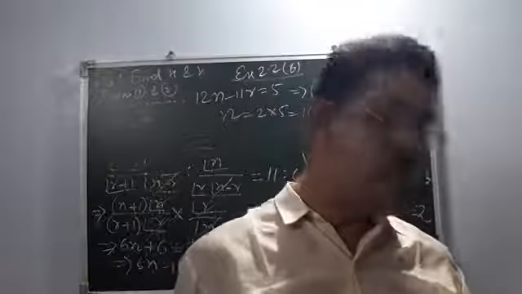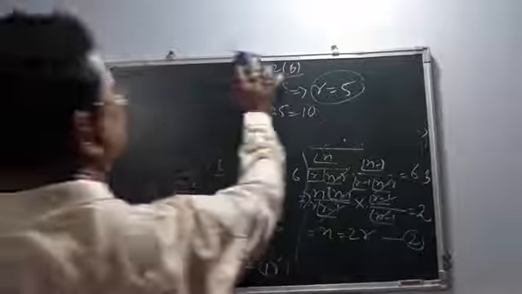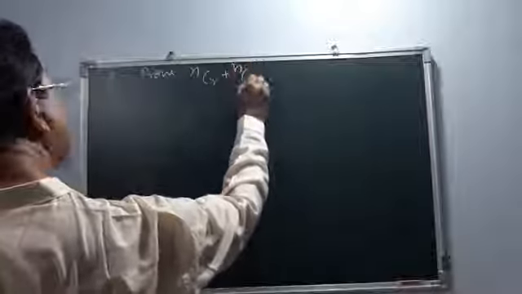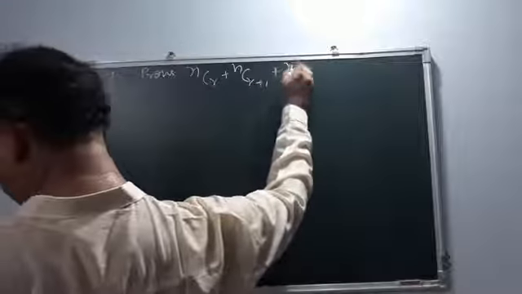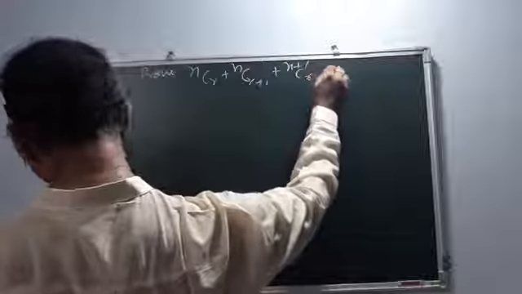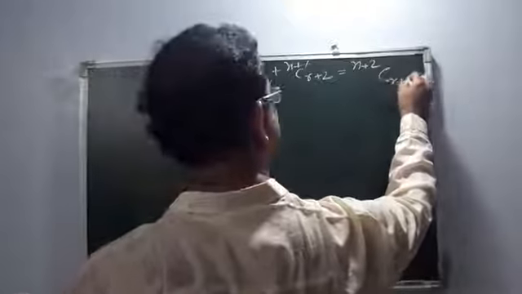Now we will do question number 7. In question number 7, you will find they have asked to prove. What we have to prove? n C r + n C r+1 + n+1 C r+2 equals n+2 C r+2.